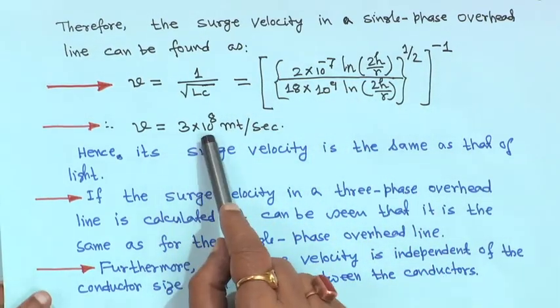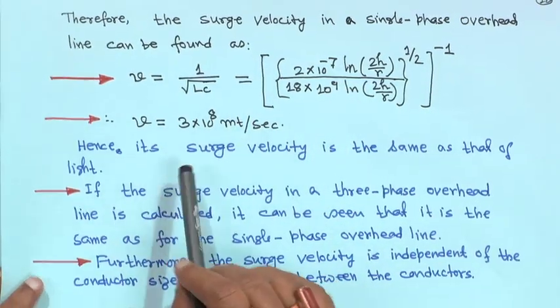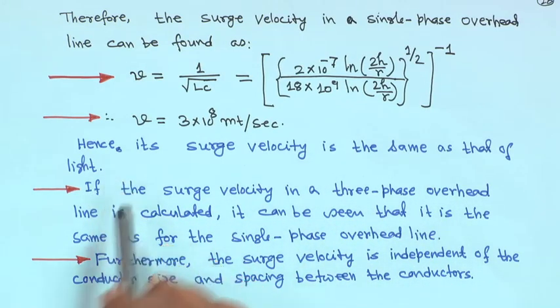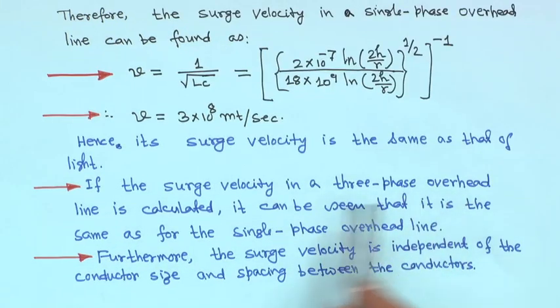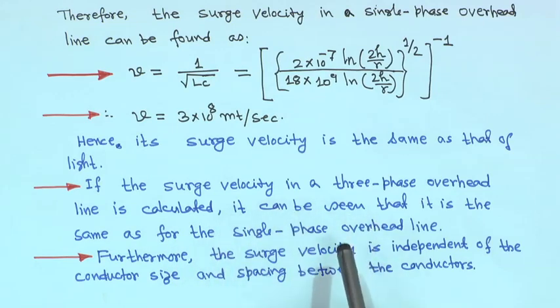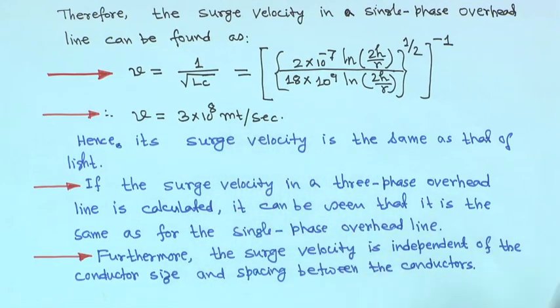So, it is coming around 3 into 10 to the power 8 meter per second. Therefore, surge velocity is the same as that of light, right. That means, you can imagine the traveling wave velocity. If the surge velocity in a 3 phase overhead line is calculated, you will find it is the same as this value, right.